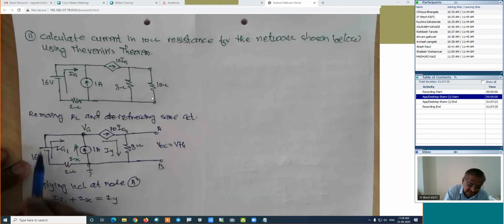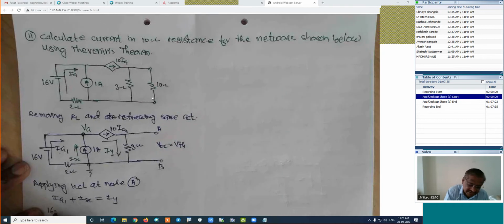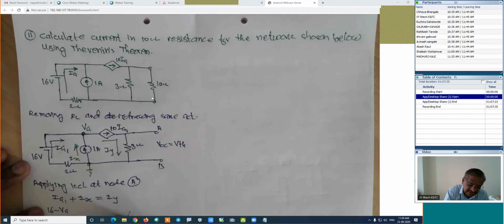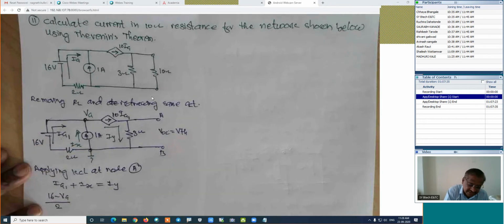This current IA1 is 0 plus 16 minus VA, that is (16 minus VA) divided by the resistance of this part, which is 2, plus IX, this current, which is 1 ampere, which is equal to IY, the current in this branch. How much is the equation for current in this branch?